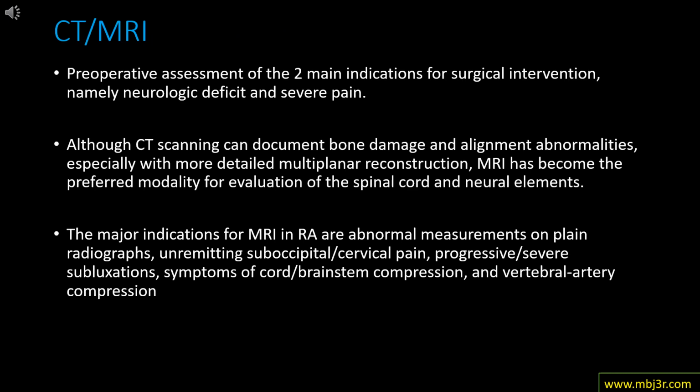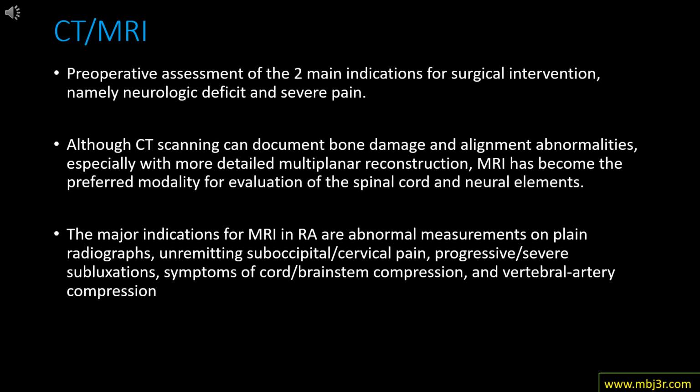CT and MRI are required for preoperative assessment of the two main indications for surgical intervention, namely neurological deficit and severe pain. Although CT scanning can document bone damage and alignment abnormalities, especially with detailed multiplanar reconstruction, MRI has become the preferred modality for evaluation of the spinal cord and neural elements.